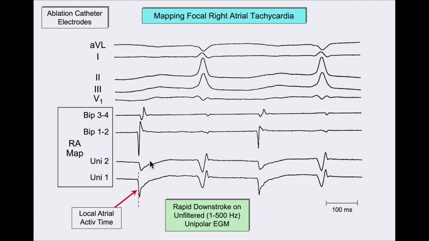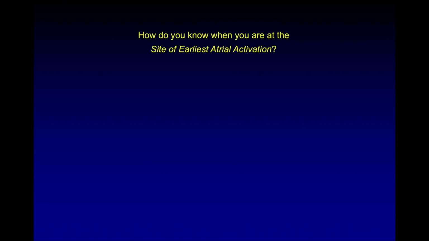And if we only had the bipolar electrogram, we would take the sharpest component of the first rapid deflection, and you can see that both of these are simultaneous. They're both giving you the same activation time, and the reason is that the wavefront hit the distal electrode before the second electrode.